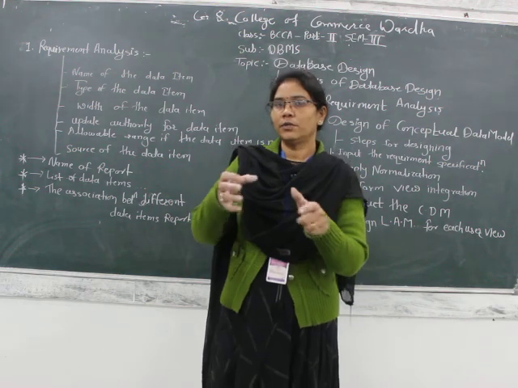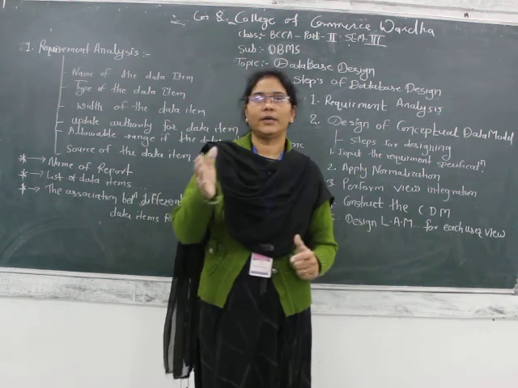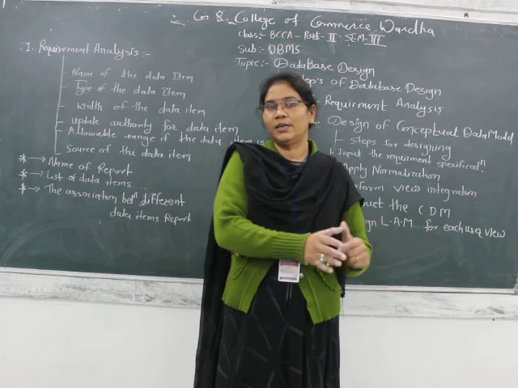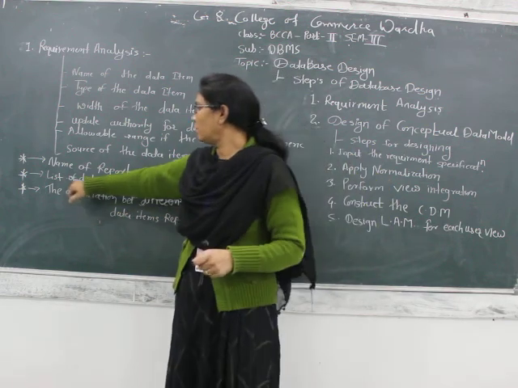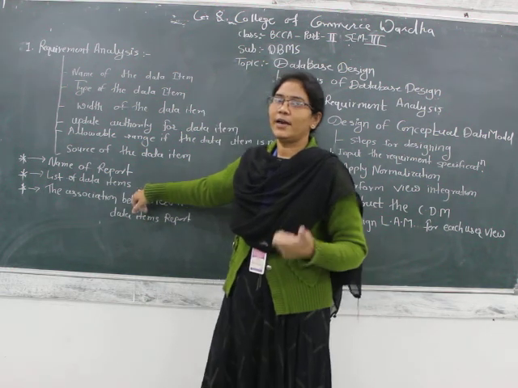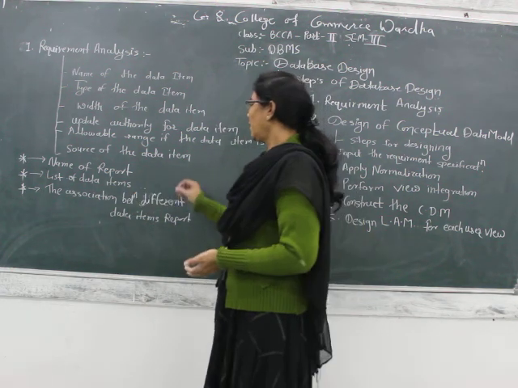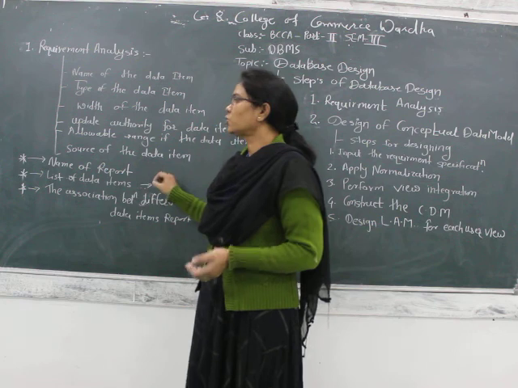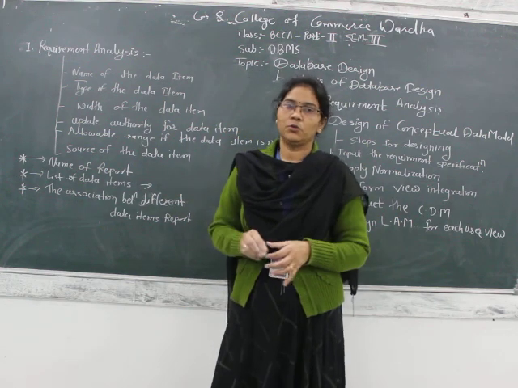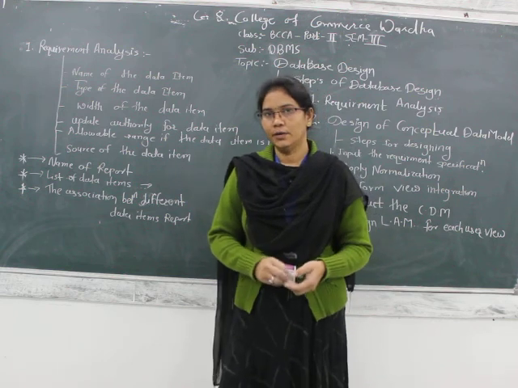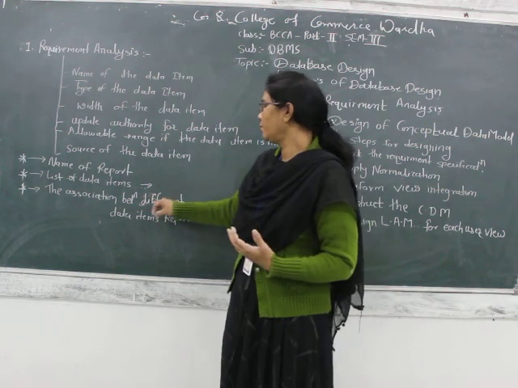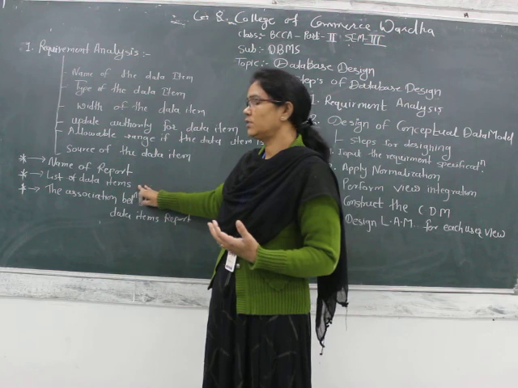According to the department they require reports. For each report we have to decide the list of data items. Data items are nothing but the attributes and the stored values. According to that we have to decide the field names and the association between the relations, that is, tables.